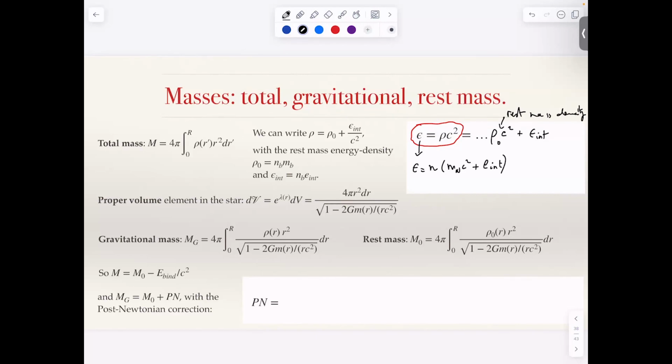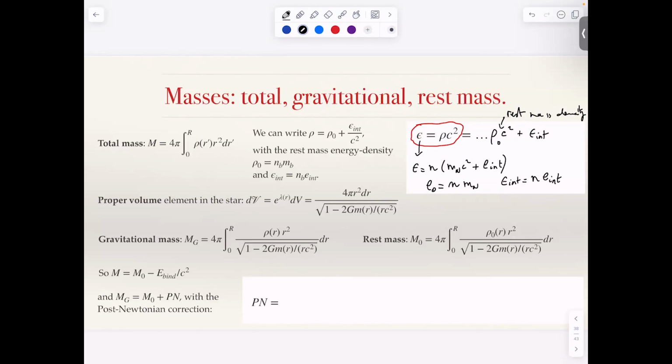So if I now equate these two things, then I can say that rho zero, the rest mass density, is n, the particle density, times m_n. And the other thing is pretty simple: the energy density is n times the internal energy per particle.